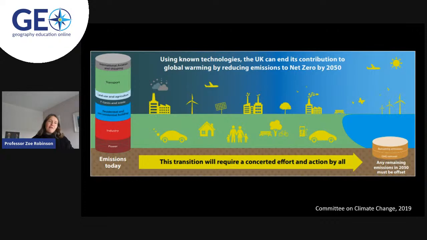Every industry, every business must tackle their greenhouse gas emissions, because that is what is going to be required by law. It's what the government is legally committed to. So that political landscape is important.